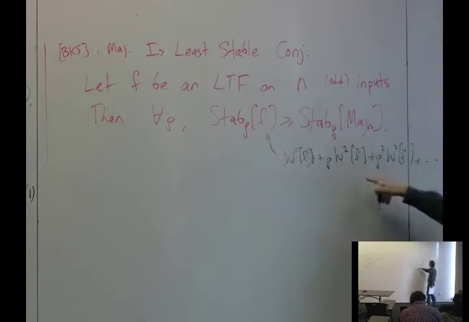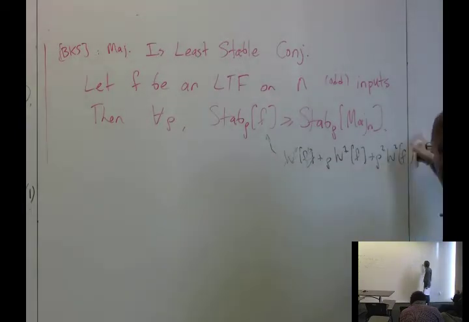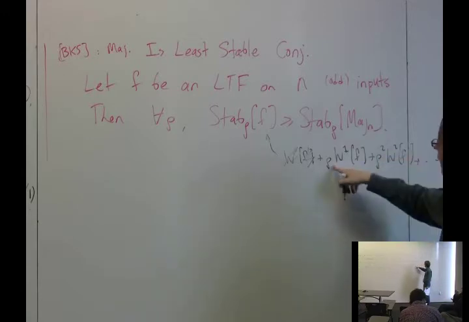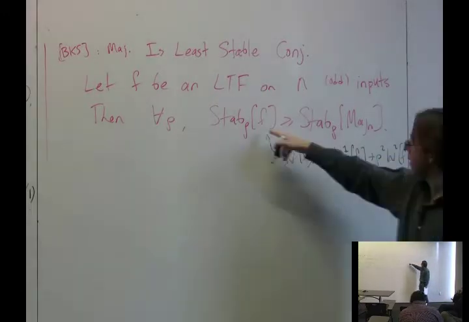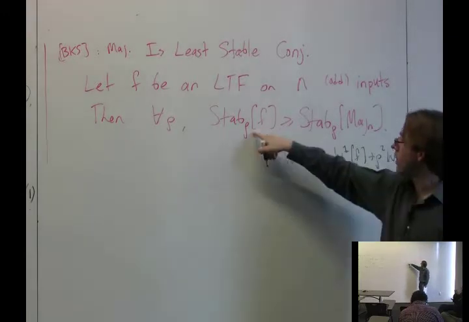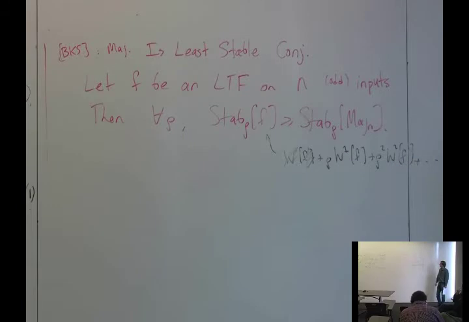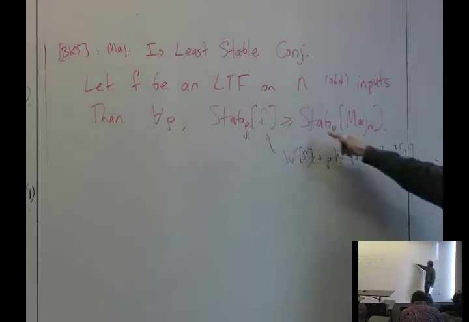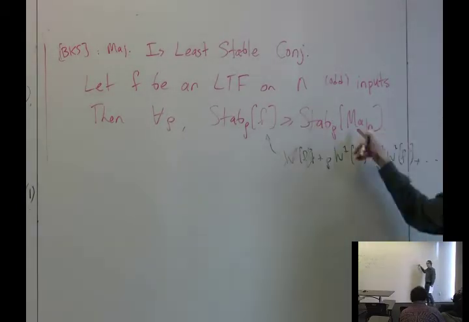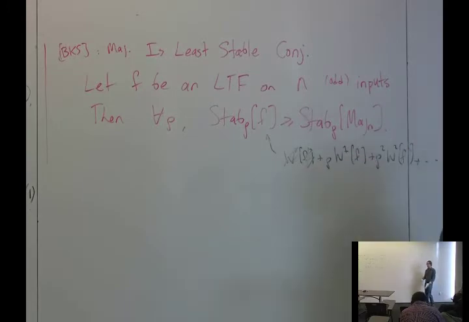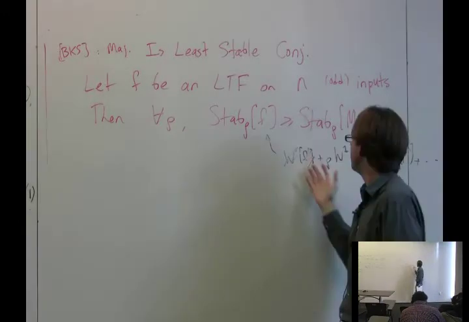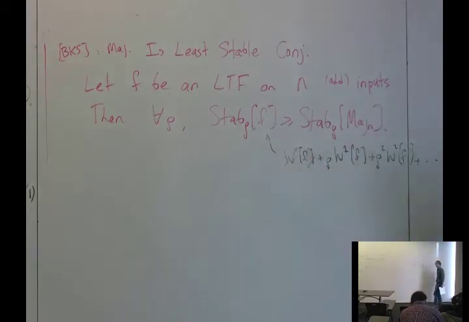And when rho is really close to 0, all the stuff with a higher power than 1 on rho is kind of negligible. So it's saying that the weight at level 1 of this function is at least the weight at level 1 of majority. By calculation, we know the weight at level 1 of majority is asymptotic to 2 over pi. So this essentially includes the conjecture I mentioned last time, saying that every LTF has weight at least 2 over pi at level 1 and below.